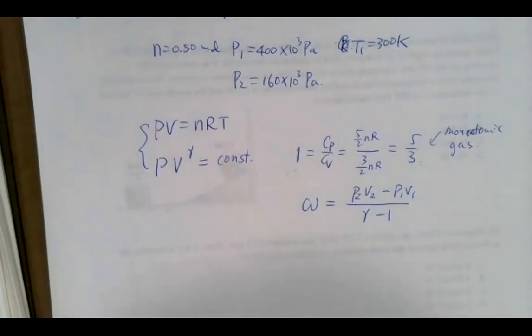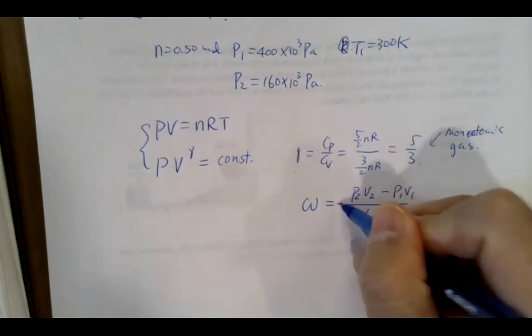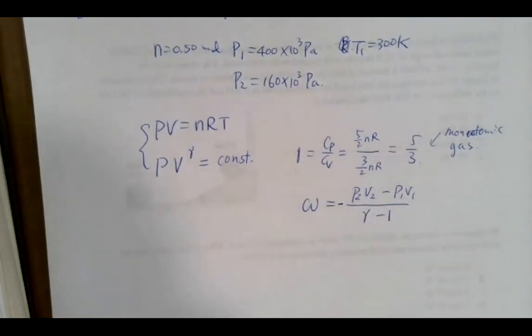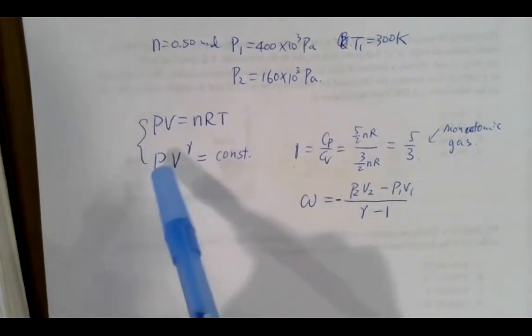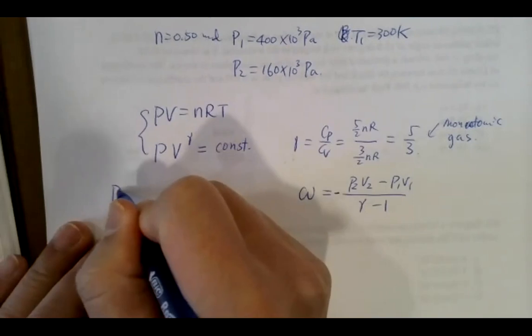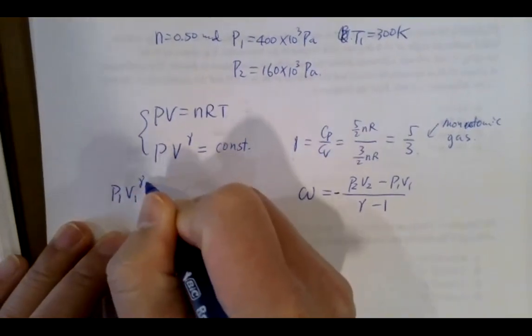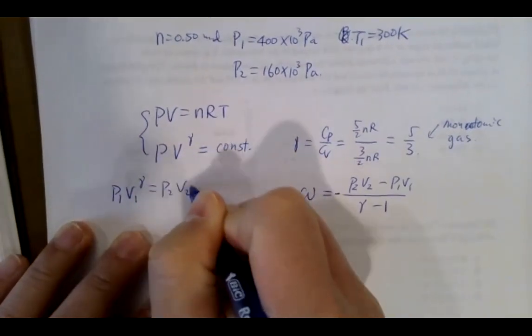Yeah, there's a minus sign there, so minus of that. From this equation you'll be writing P1 V1 to the gamma equals P2 V2 to the gamma.